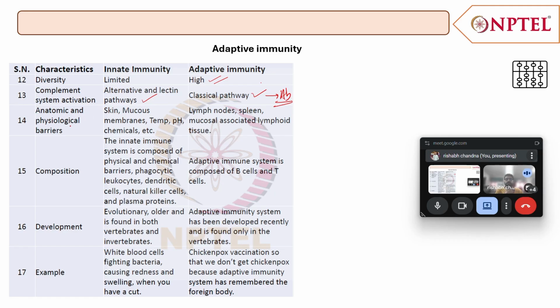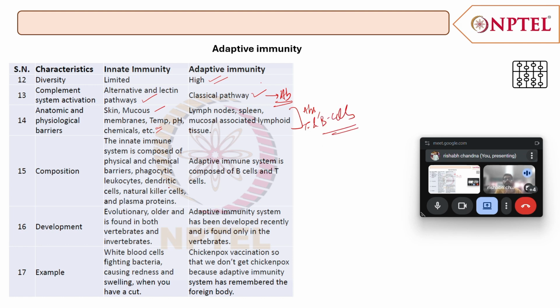The anatomic and physiological barriers for the innate immune system include skin, mucous membranes, temperature, pH, chemicals, etc. For the adaptive immunity, we have the lymph nodes, spleen, MALT, and if talking about the cells, we have the antibodies and T and B cells.